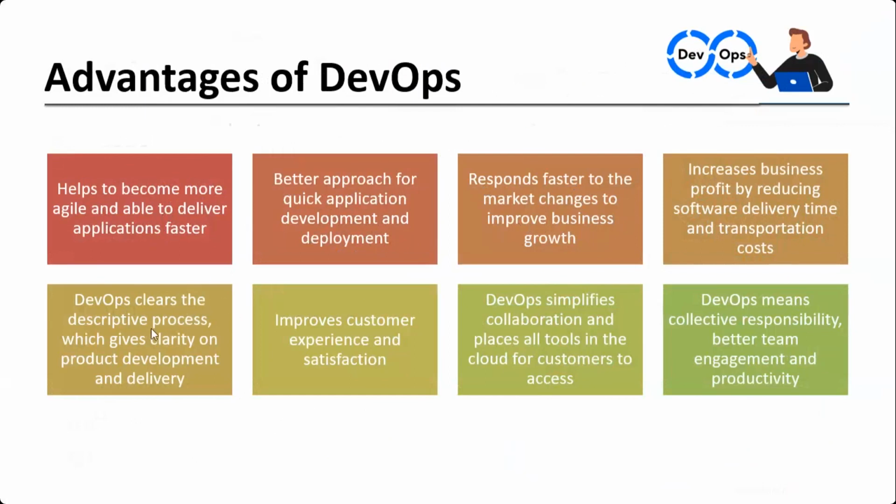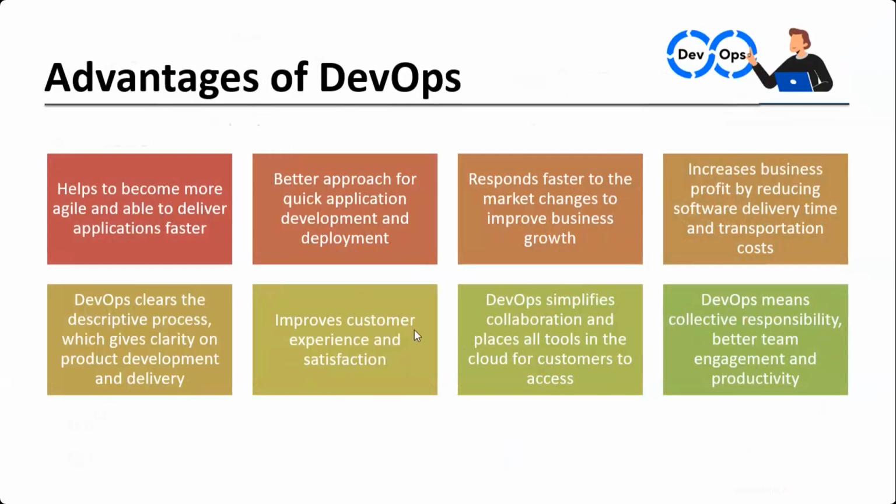And DevOps clears the descriptive process, which gives clarity on product development and as well as delivery, and improves customer experience and satisfaction. DevOps simplifies collaboration and places all the tools. So DevOps relates with tools like collaboration tools in the cloud for customers to access, and DevOps means collective responsibility. Okay, better team. So this is in terms of team engagement and as well as the productivity.